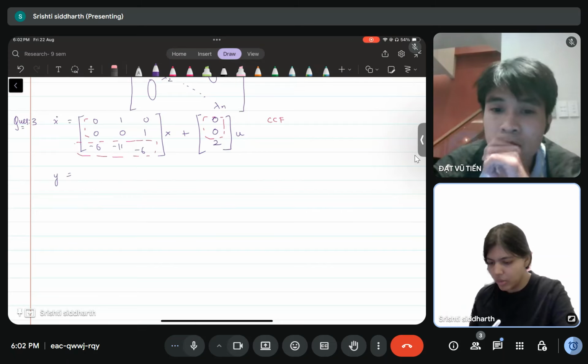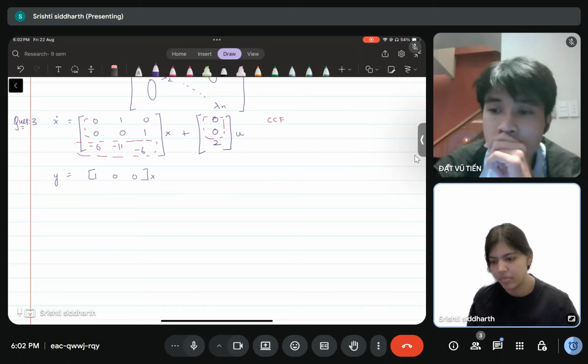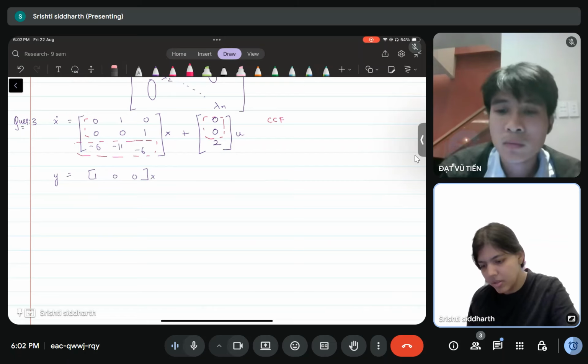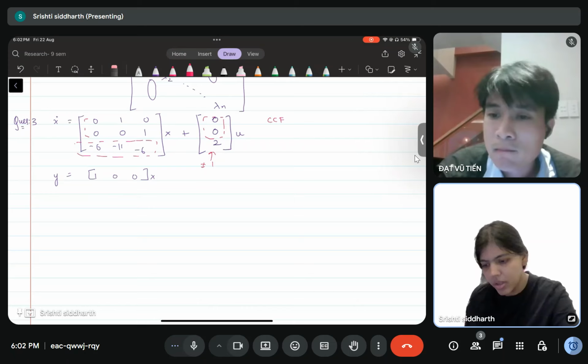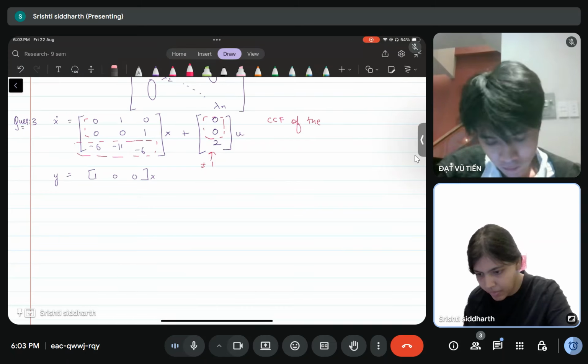I is 1, 0, 0, x. Notice that this is not 1. So right now we're just talking about the CCF form of the A matrix.